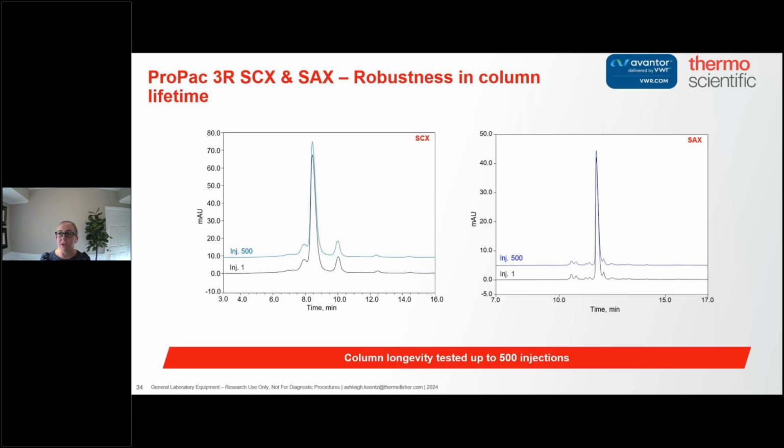But just know that we've designed in that robustness too, to maximize the injections, so that cost per injection can be as low as possible utilizing our newest 3R ion exchange chemistries.